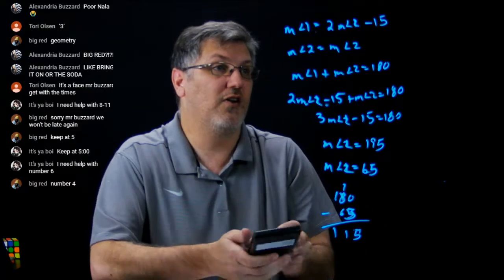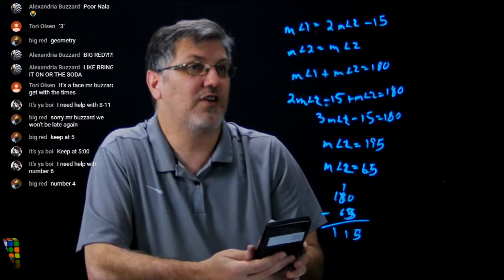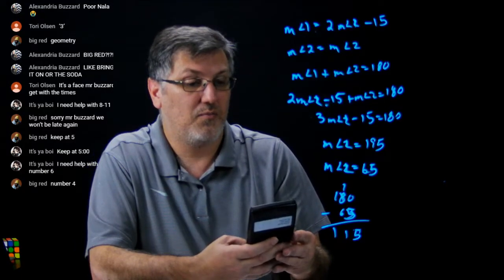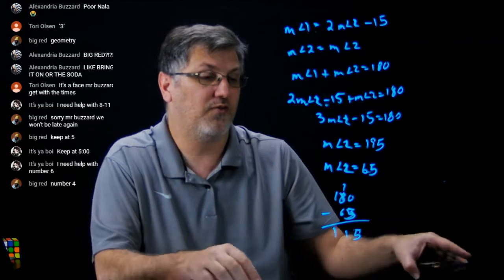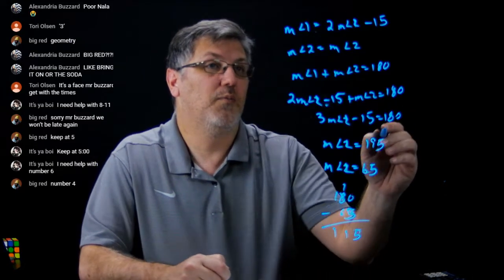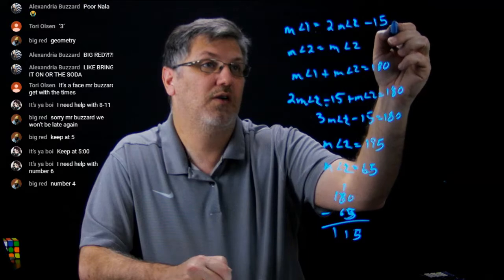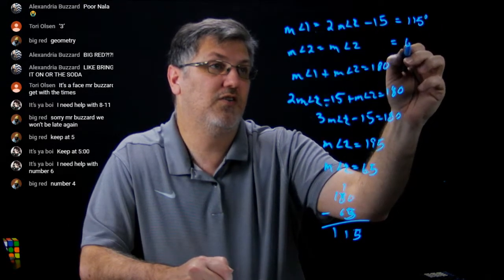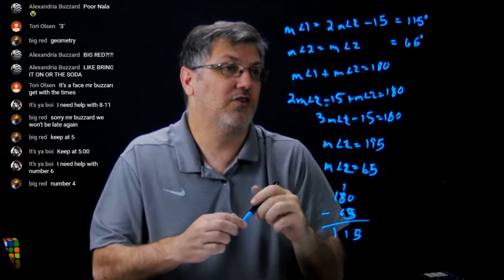Why it's good to know how to double check, simply because I divided wrong. Now 2 times 65 minus 15 gives me 115. So there you go. The measure of angle 1 is 115 degrees, and the measure of angle 2 is 65 degrees. Really, it's the same setup.